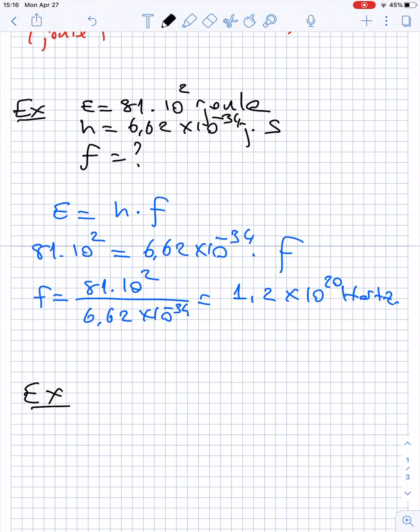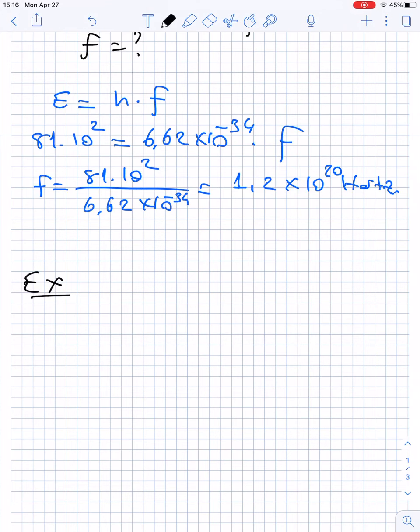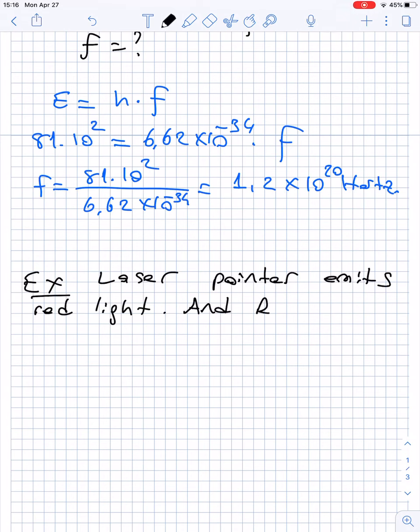Next example. A laser pointer emits red light, and the red light wavelength is equal to 671 times 10 to the power minus 9 meters.